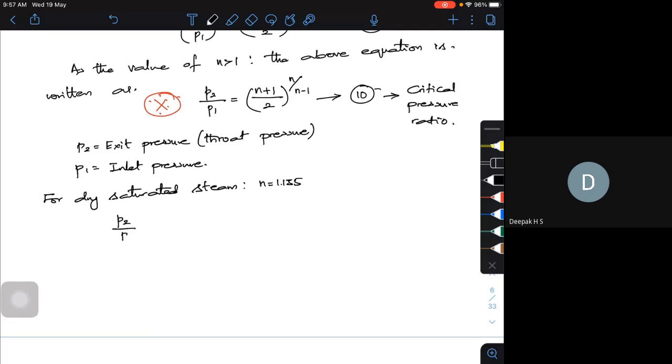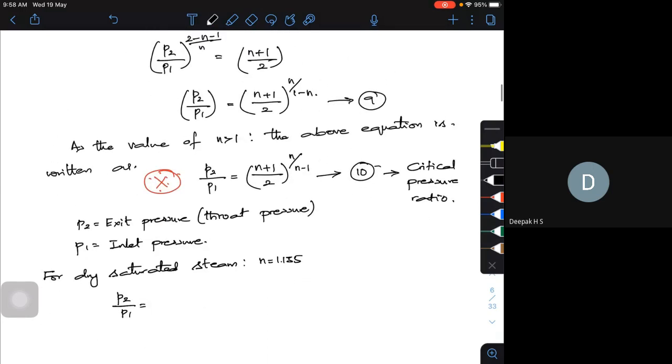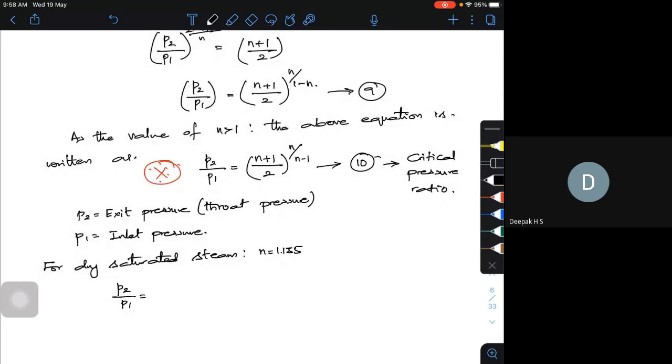So P2 by P1 is equal to 2 by n plus 1, whole to the power of n by n minus 1. Yes, n is greater than 1.